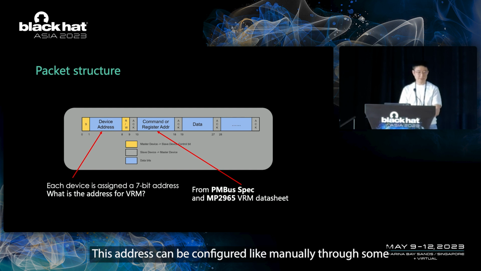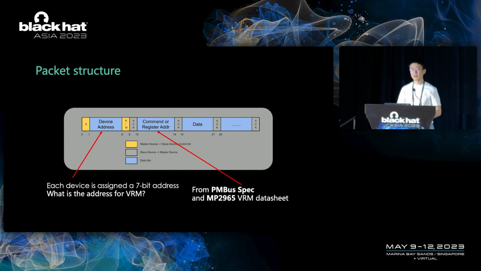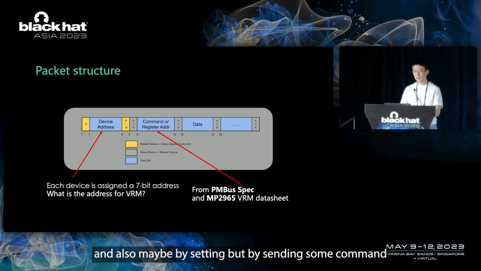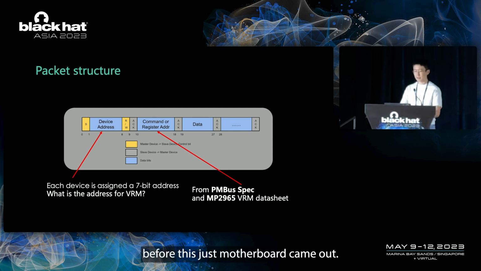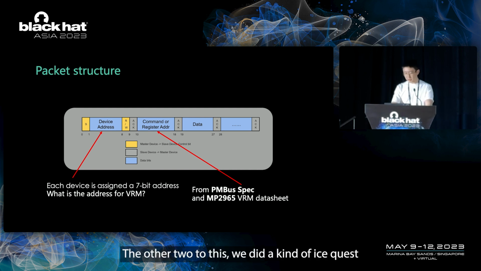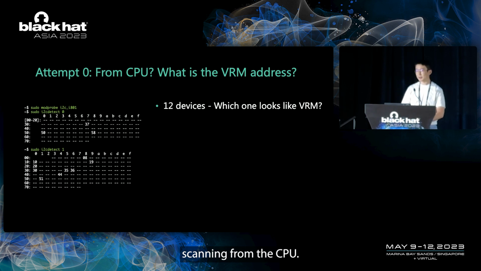What needs to be figured out in order to do this attack is the address of the voltage regulator. This address can be configured manually through some resistors that are soldered onto the motherboard, and also maybe by sending some command before the motherboard comes out. In order to do this, we did an I2C scan from the CPU.